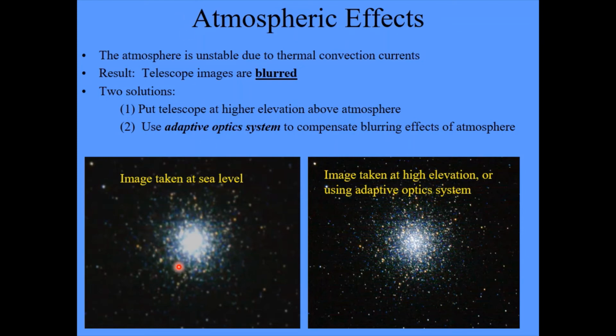So at sea level, an image like this might be typical due to the poor seeing effects of the air. But if you get up in the mountains at high elevation, you're basically above a lot of that thick shimmering air, and the image is much clearer.